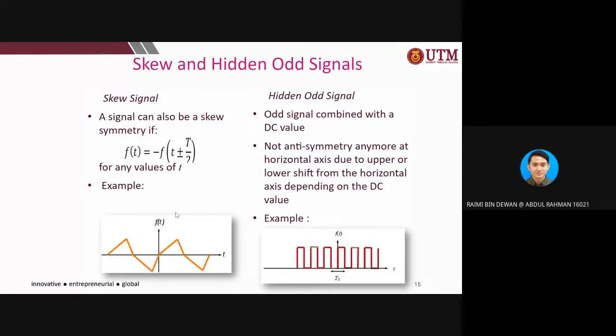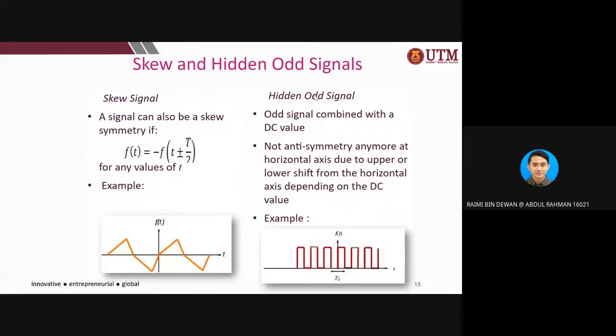You can see from the diagram: if this one is positive, this one is negative. This is the skew symmetry.